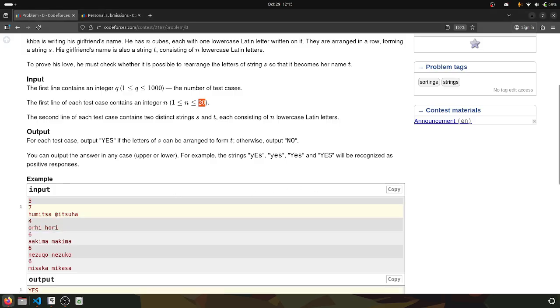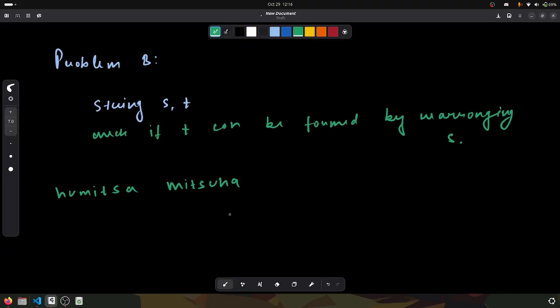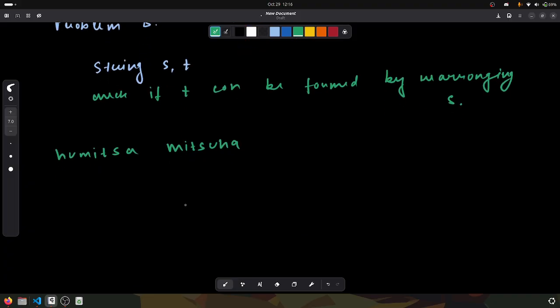So let's see the test cases. The first is Humitsa, Mitsuha. So we can see that this can be rearranged into this, I think.